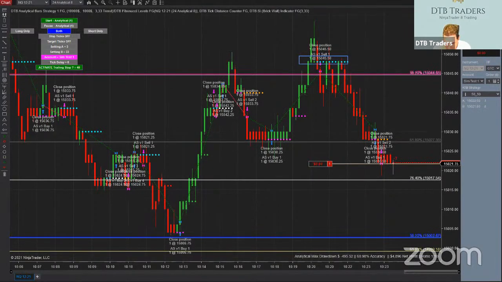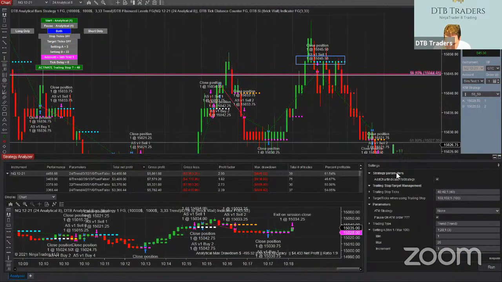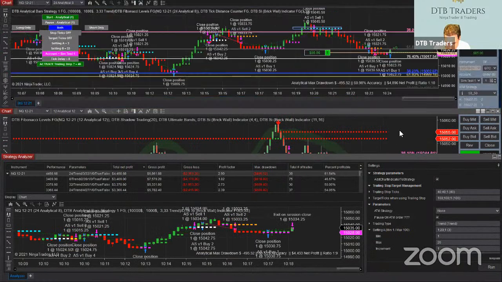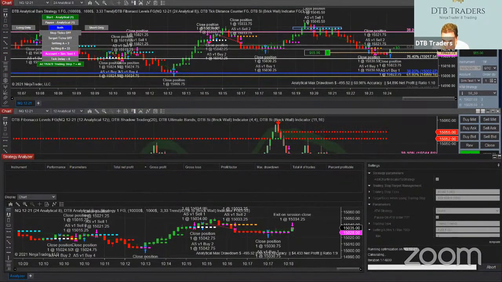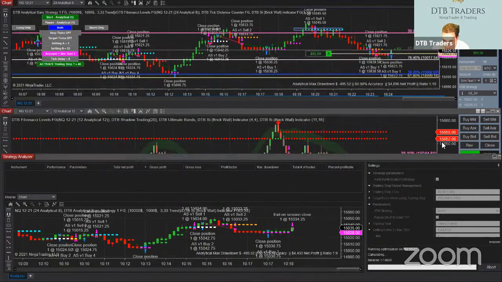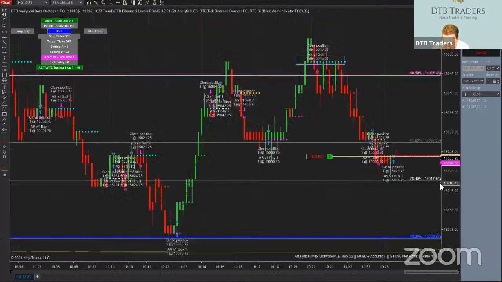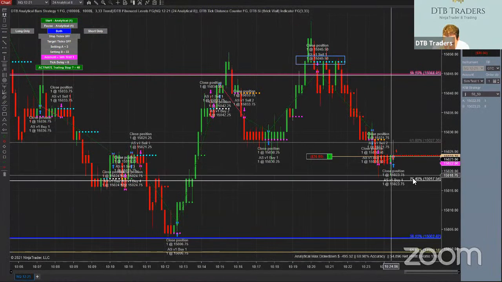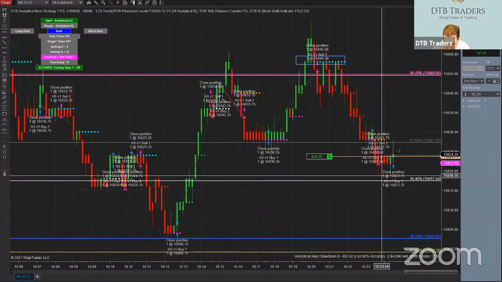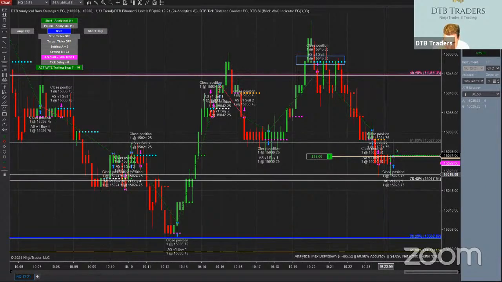Okay, so let me look at my optimization and just see what that is giving me. We're getting a lot of play around that number. You see how the price action is around this level. It's just struggling at that level to find a direction. So I'm going to maximize this again. And you can see over here how the price just came close to the 76.4 on two occasions and bounced up from there.